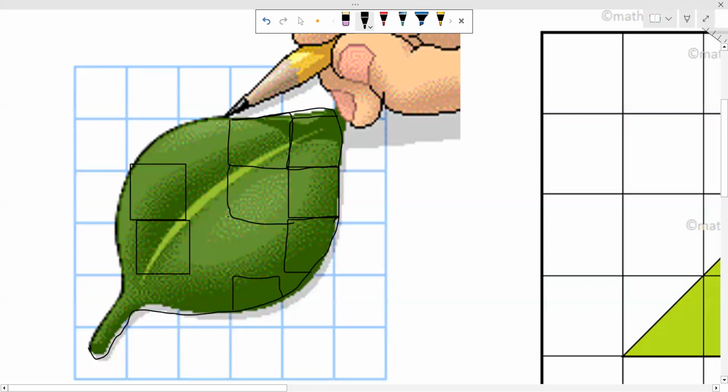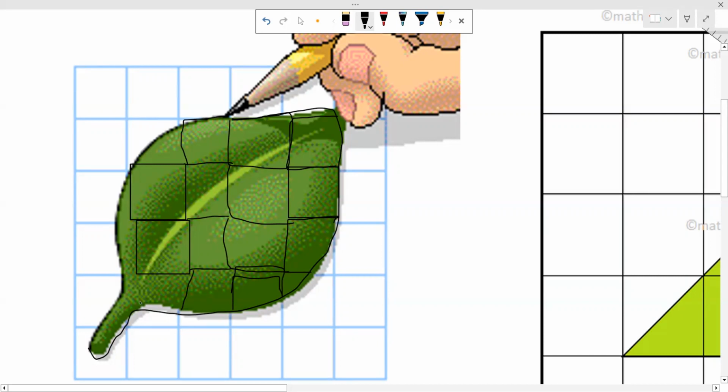Here you have the complete square. Here you will get an incomplete square. Here you are getting one square. This one you do not have to count.